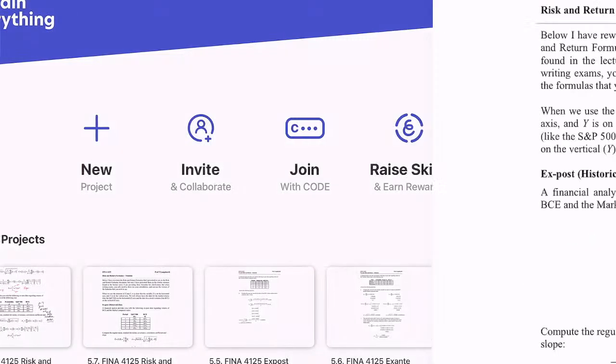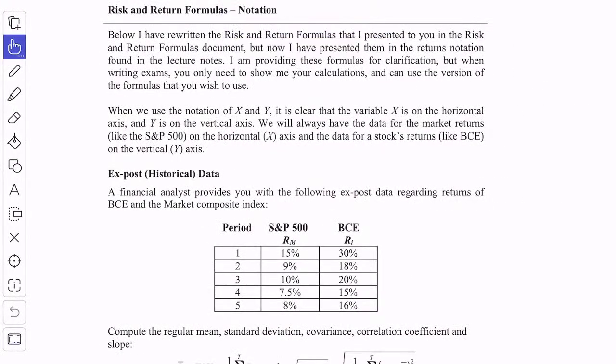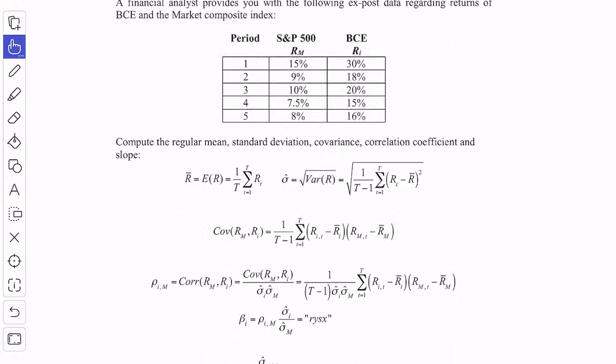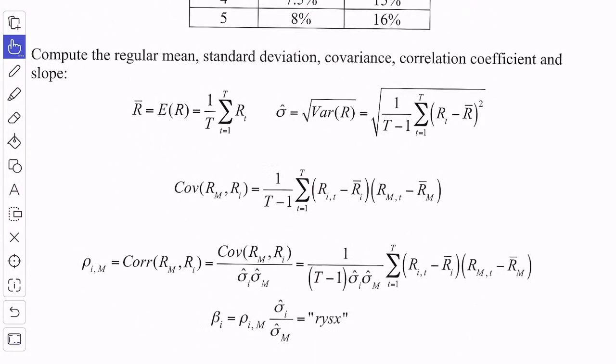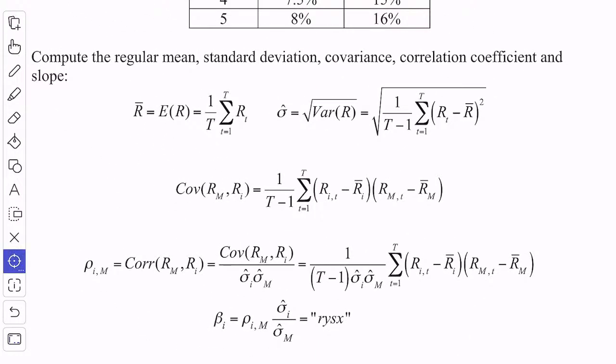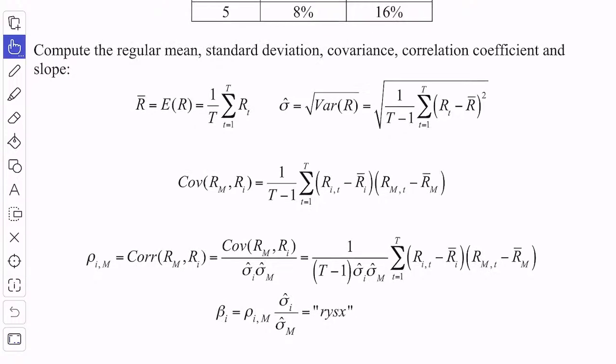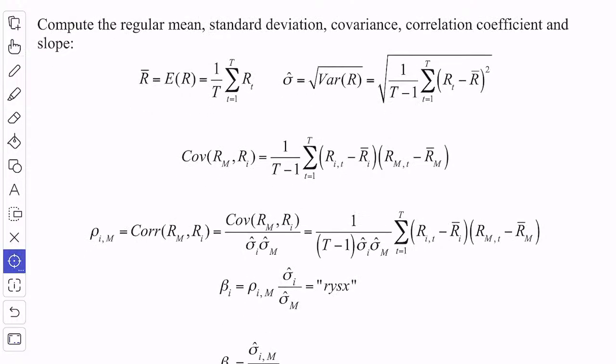I summarize here. I rewrite those variables, but I use finance notation because those formulas that I gave you are the ones that you learn in statistics, right? But I'm going to translate those to finance where I'm talking about return.